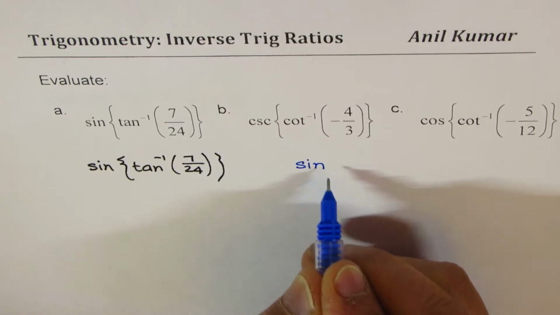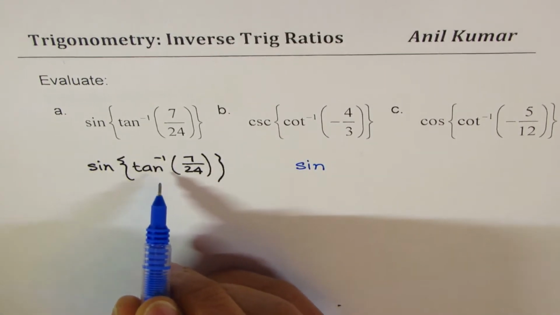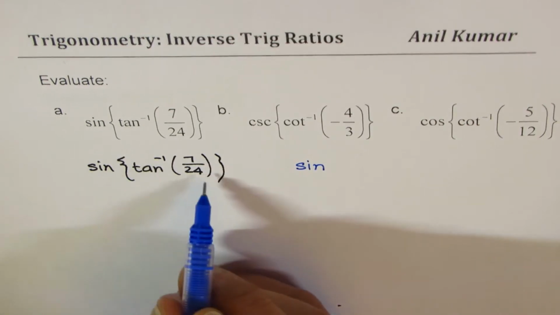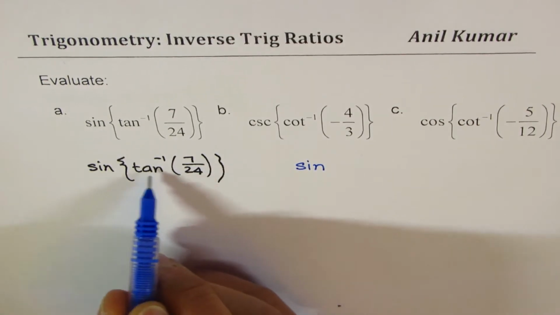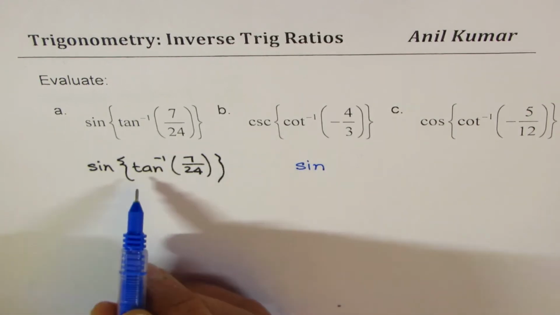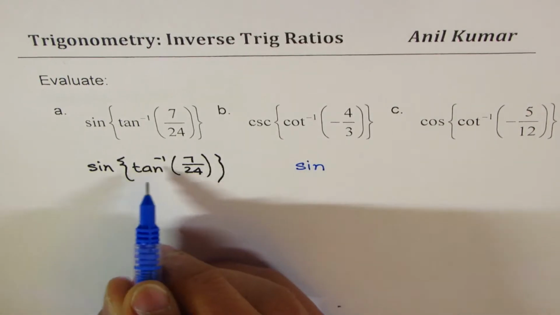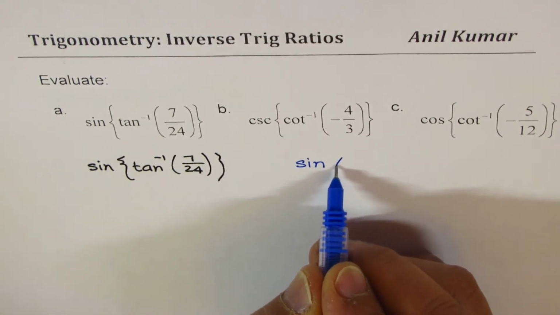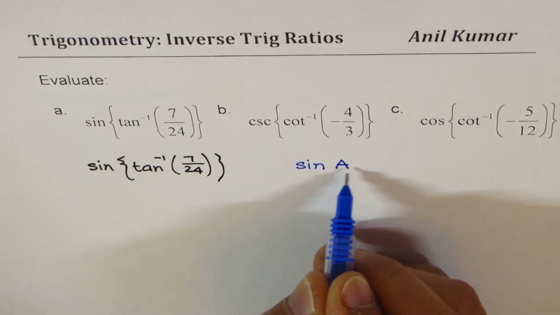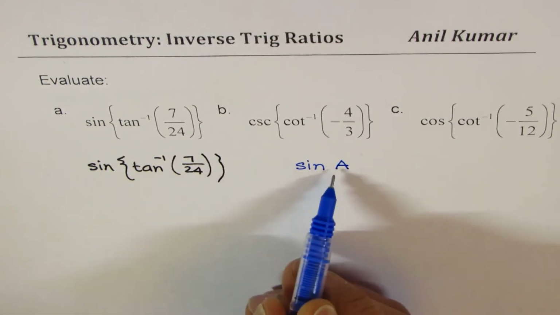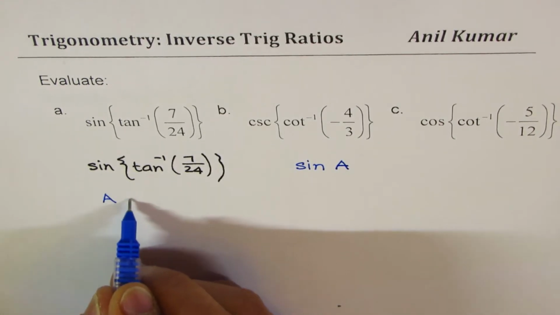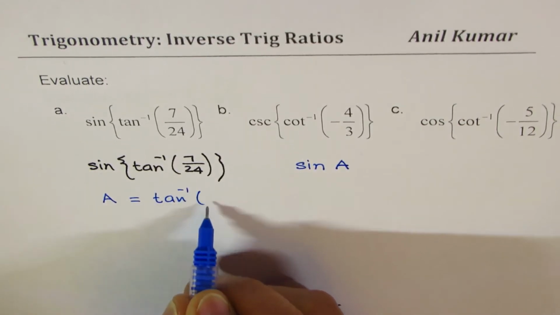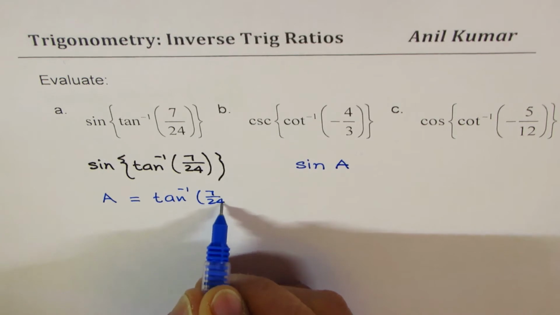We have sine of something which is tan inverse 7/24. Now, what is that? That is an angle, right? So the inside part, which is tan inverse 7/24, we could write as A, for example. So A is equal to tan inverse 7/24.